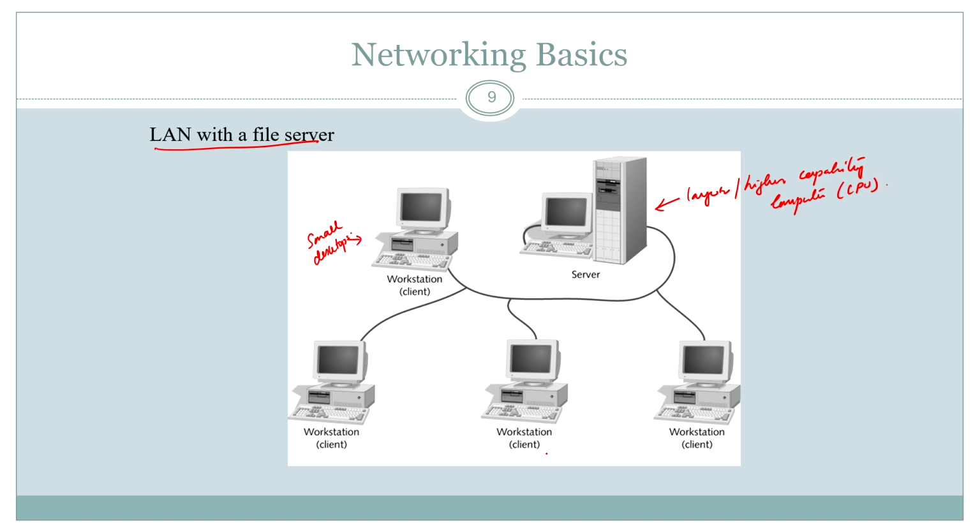So, the server has a much larger capability and everybody is talking to the server. All these clients, 1, 2, 3, 4 clients, are talking to the server on a single connection. In this there is no storage, all the files are stored in the server. The main job of the server is to store all the files there. So, here is an example of a LAN with a file server.